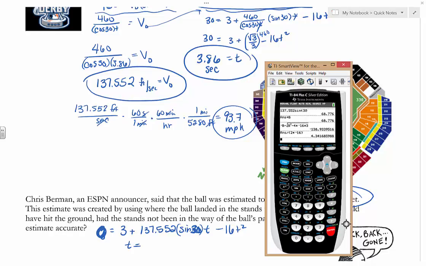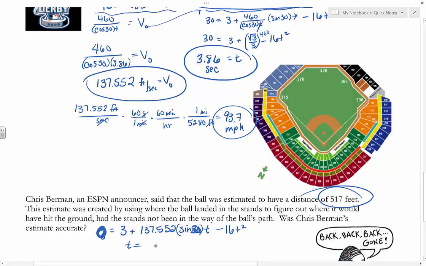And that gives it a time of 4.34. So 4.34 seconds before it should hit the ground.